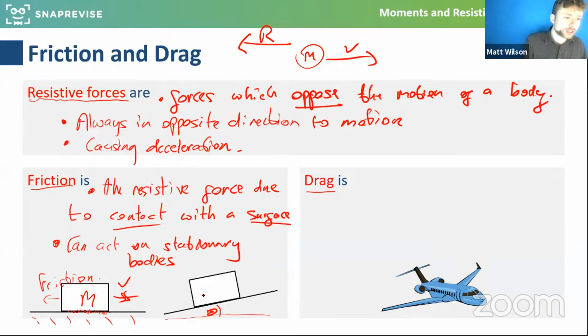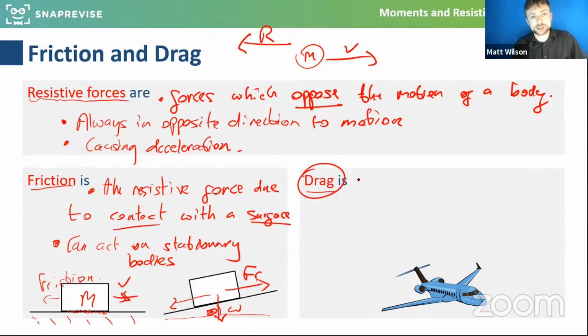If there was no friction, then there'd be a force, a weight pulling this thing down, a component of that pointing down the slope, and the block would just slip down the slope. There are no other forces. However, when there's friction, the block might not even move. So friction can actually stop the block ever even moving. And that's something you don't actually get with drag, which is the second type of resistive force we'll look at.